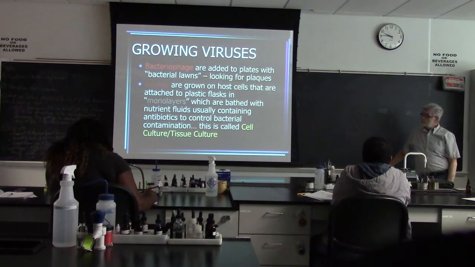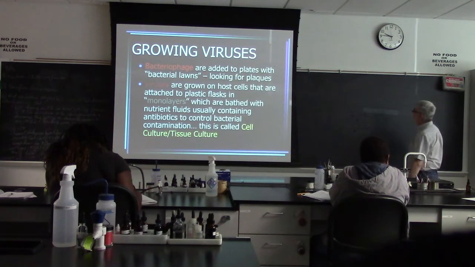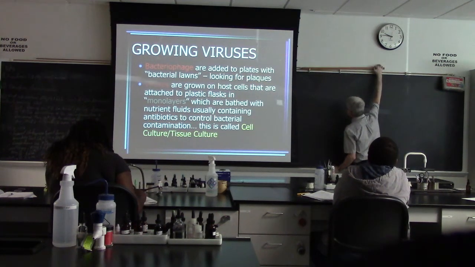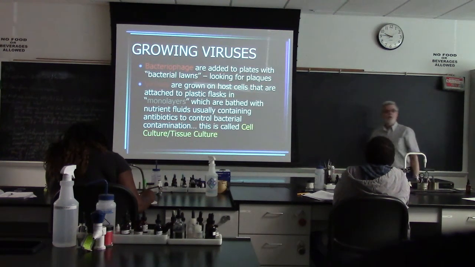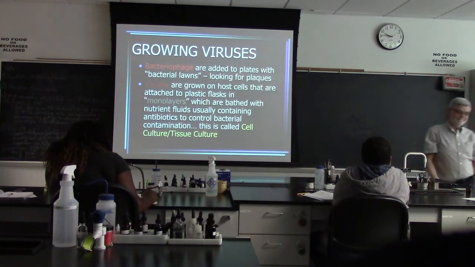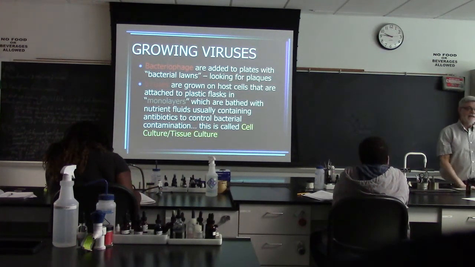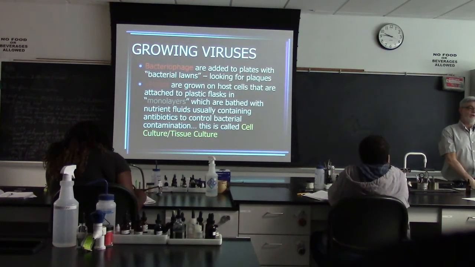So that's the way we grow bacteria phage. In the old days, back when we were rich and had much longer terms, we would go to the sewage treatment plant and collect sewage and isolate E. coli phage from it. We'd grow E. coli on a plate, and then take liquid that we collected from the sewage treatment plant, because where would you think a lot of bacterial viruses would be?